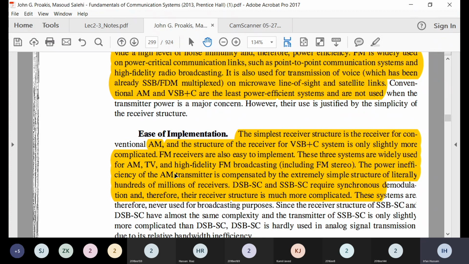So these systems are used for broadcast, but you won't be using these suppressed carrier systems, because in suppressed carriers you can very well see that the problem is that you will be requiring more complexity, because you will have to basically regenerate the carrier.